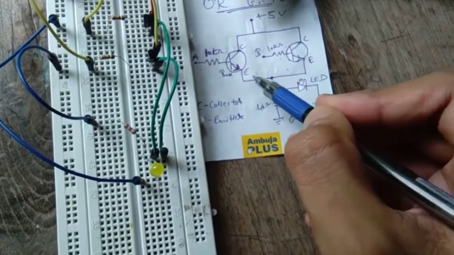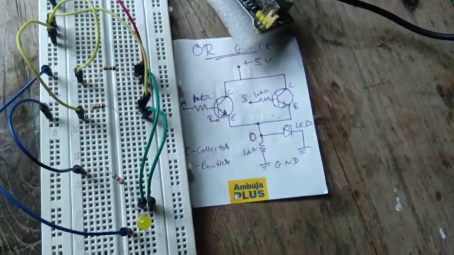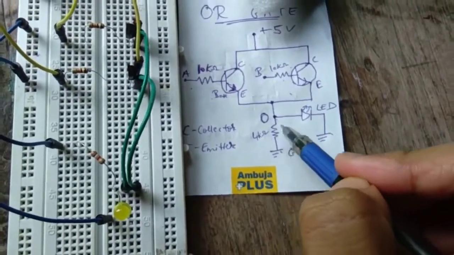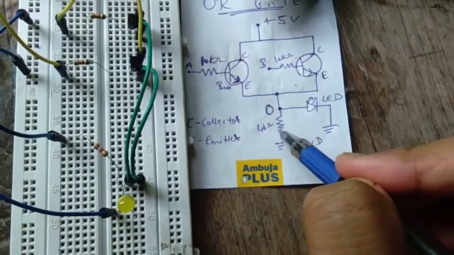Now both the transistors have emitter terminals connected to the ground using a 4 kilo ohm resistor.